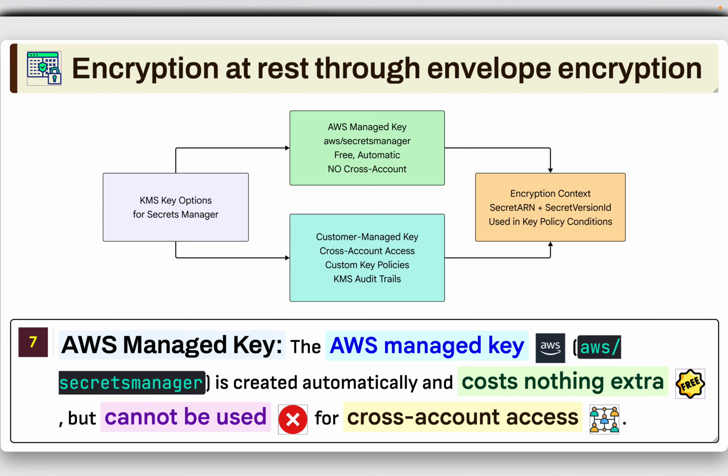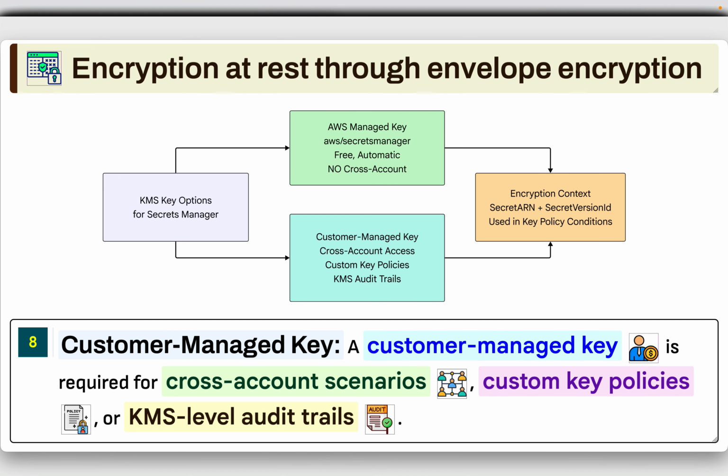So this will be there by default as soon as you use Secrets Manager secrets. Then you can have a customer managed key. A customer managed key is required for cross-account scenarios, custom key policies, or KMS-level audit trails.